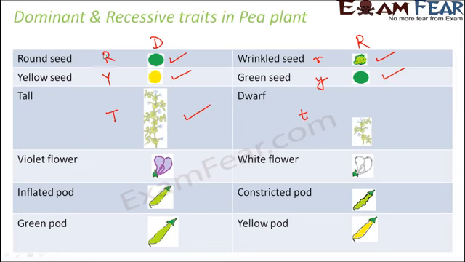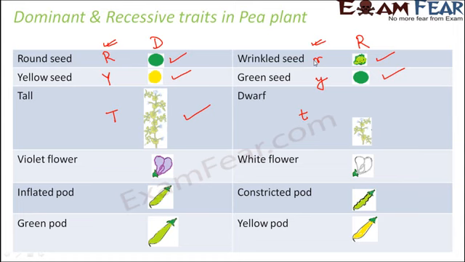Now, do you observe one thing, that each pair is denoted by the same letter? The dominant trait is denoted by a capital letter and the recessive trait by a small letter. Why do we use this convention? As I mentioned before, both of these represent the same type of gene. This R and this R both represent the shape of the seed.